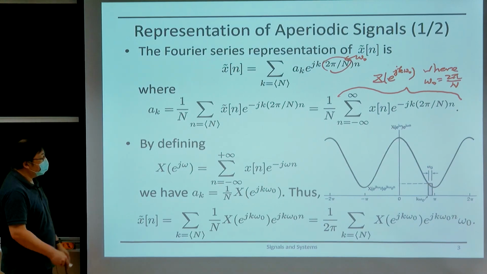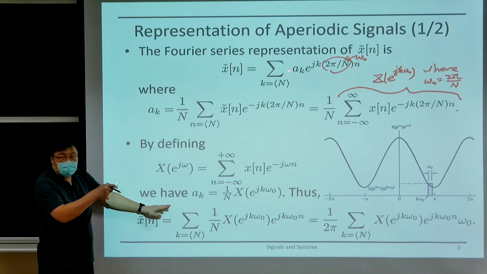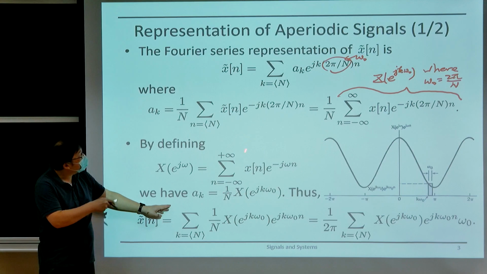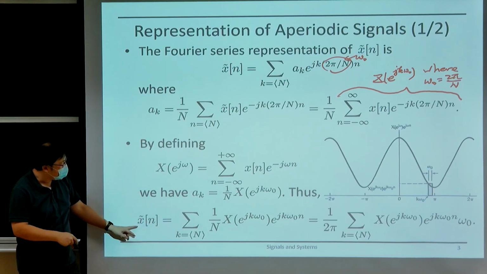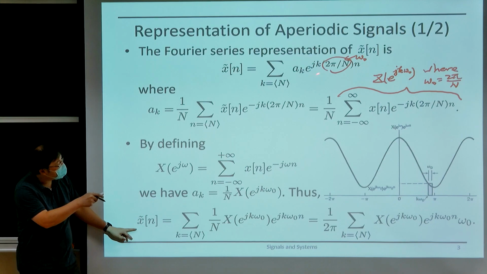So if you plug this inside here, okay, if you plug this inside here, x tilde of n can be written as the summation over one period, 1 over N X times e to the j k omega naught times e to the j k omega naught n, right, which is this, okay?